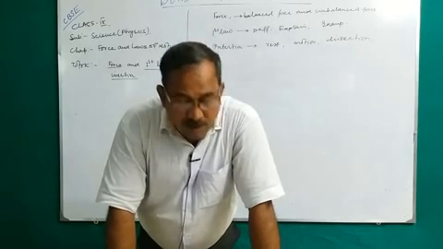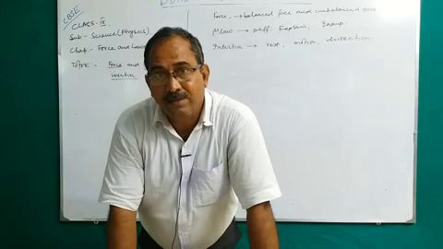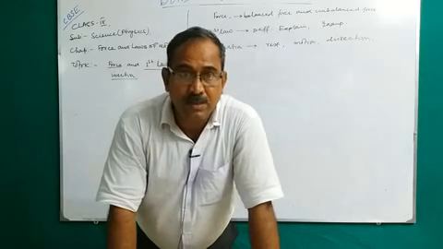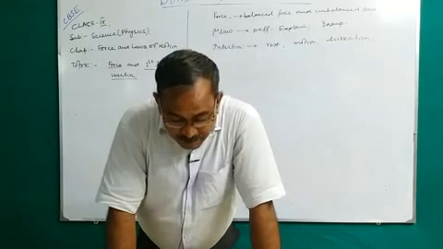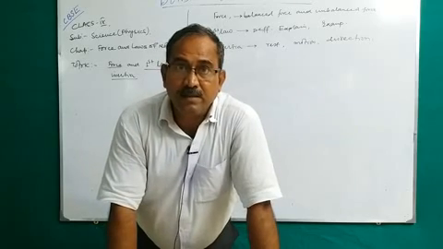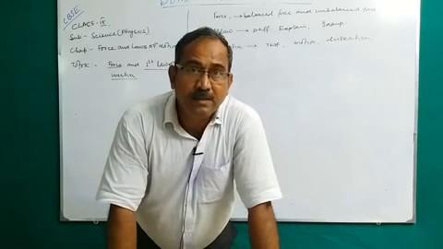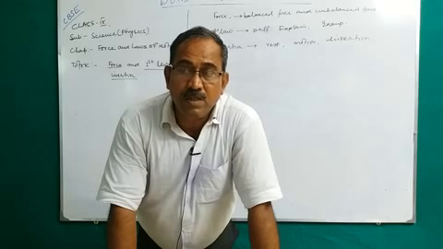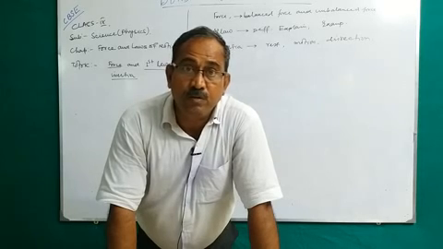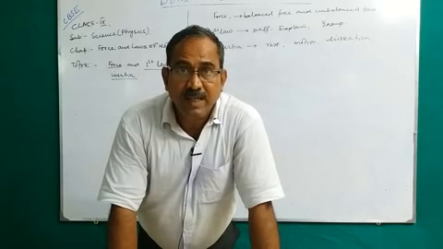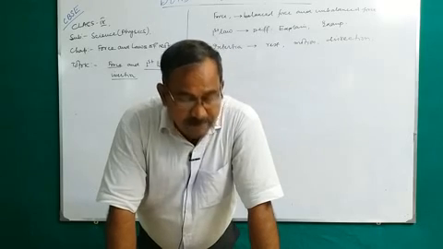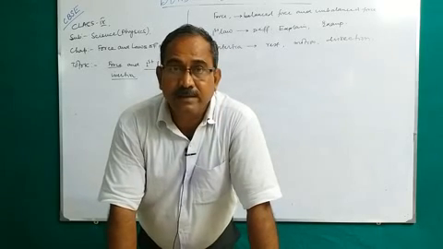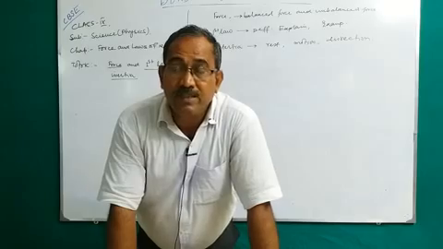You must be sincere about three words from that sentence. The first word is rest, the object is at rest. The second word is uniform motion. The object is in motion, but the nature of the motion is uniform. And the third word is straight line. It will move in a straight line.